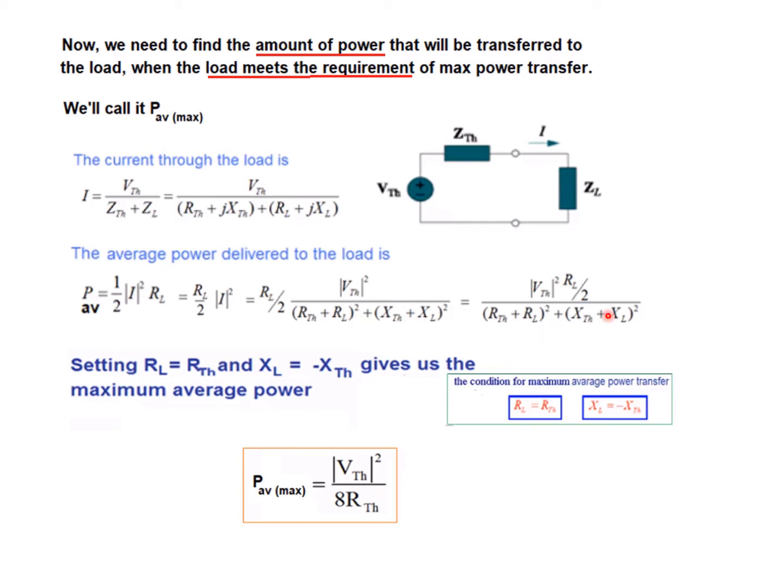So this is the condition for average maximum power when the load has a resistive element and a reactive element.